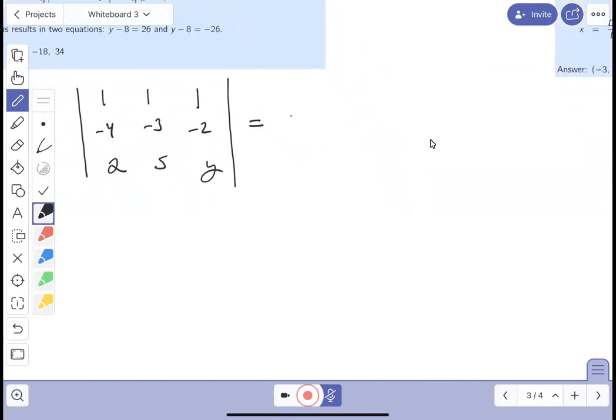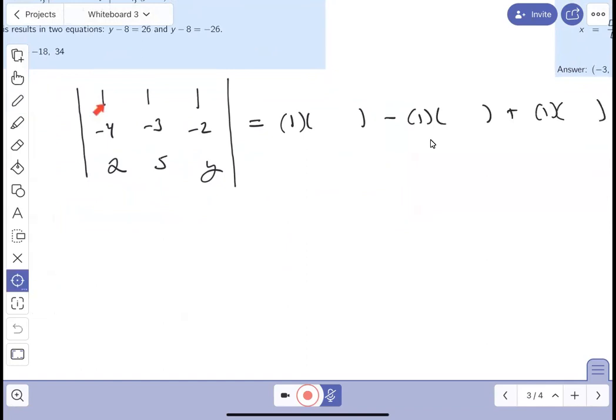It's going to be 1 times something minus, with that in parentheses, 1 times something. And then what do you get? Plus 1 times something. And we'll go through it one step at a time. All right, we're doing this one first. There's a submatrix over here. What would it give me? Minus 3y minus a minus 10.